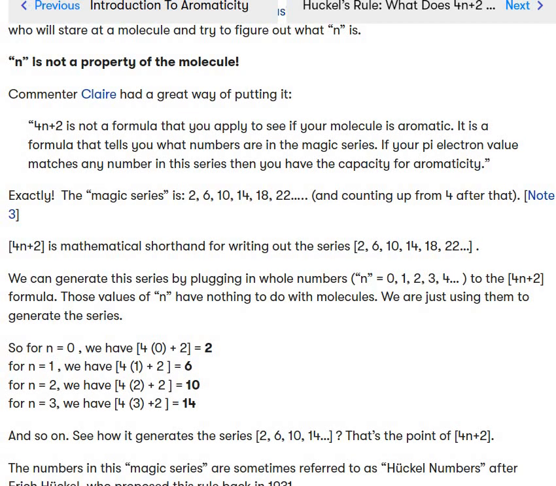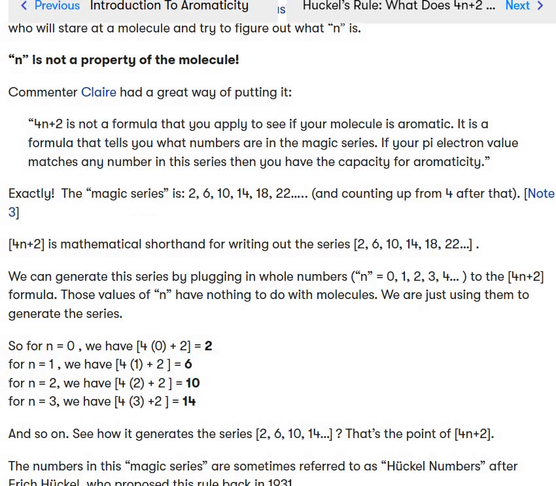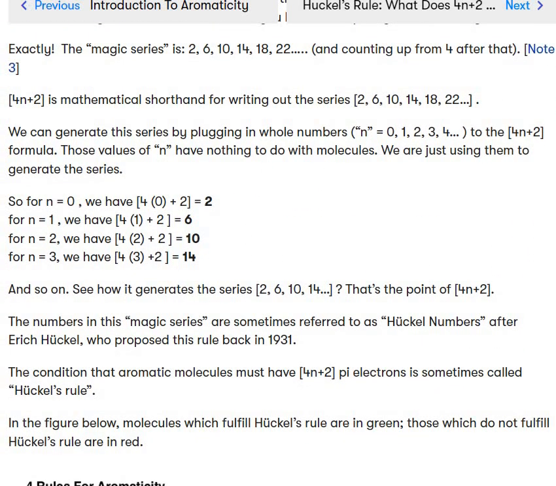We can generate this series by plugging whole numbers 0, 1, 2, 3 into the 4n plus 2 formula. Those values of n have nothing to do with molecules. We are just using them to generate the series. So n equals 0 gives 2, n equals 1 gives 6, n equals 2 gives 10, n equals 3 gives 14.